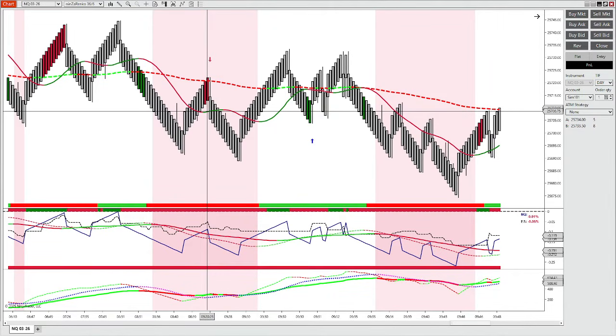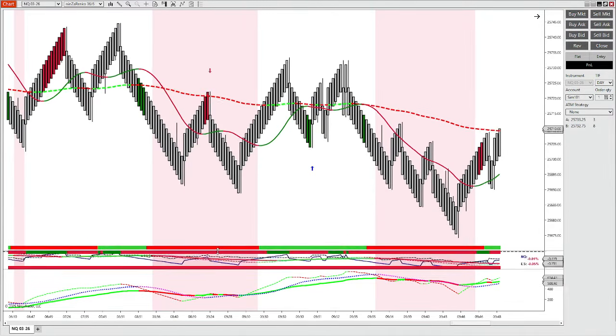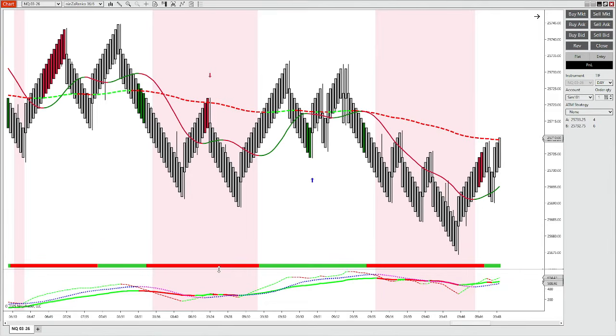So the best way to describe the reverse mullet going forward is that you're keeping your eye on this panel, the top panel here. Let's close that down. This panel here is what you're keeping your eye on.